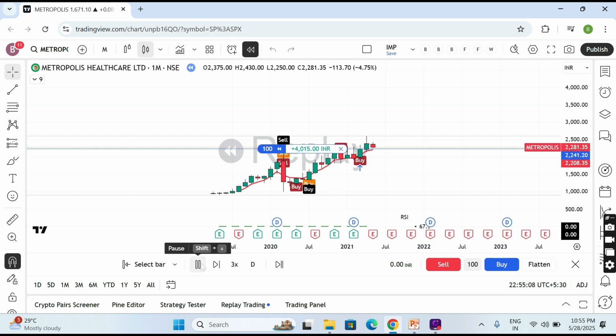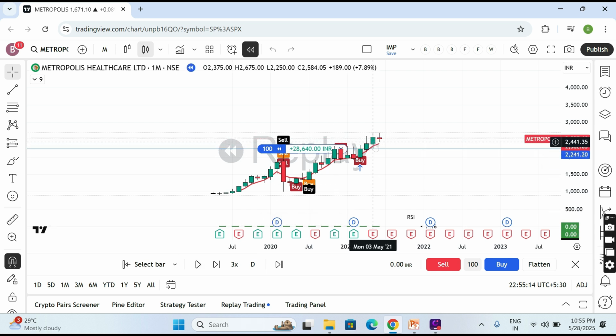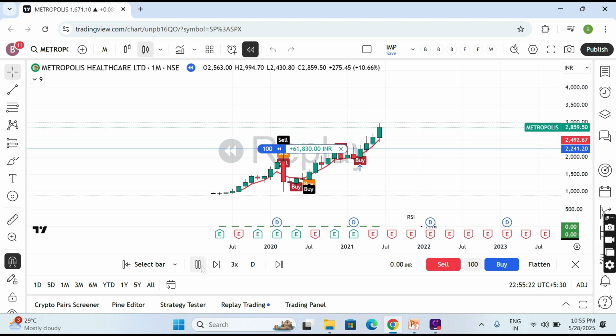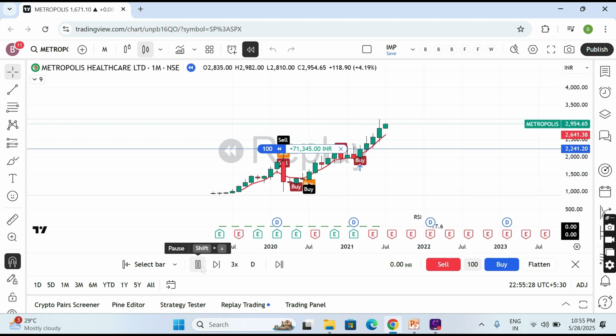Now next candle, we'll see how it works. Even the next candle also gave me around 7.89%. So in almost 2 months I got around 13 or 14% of interest. Now it shoots, and I'm just sitting in this trend and waiting, because I haven't got any kind of sell indicator.